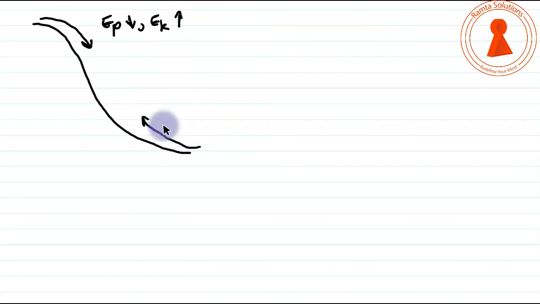As you go up an incline or a slope, your EP increases. Why is your EP increasing? Because your height increases, and then your EK is decreasing. These are the things I want you to know.